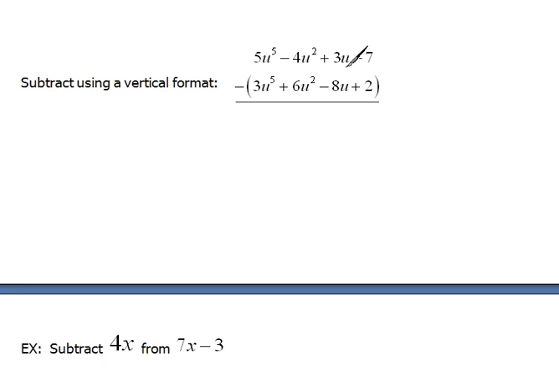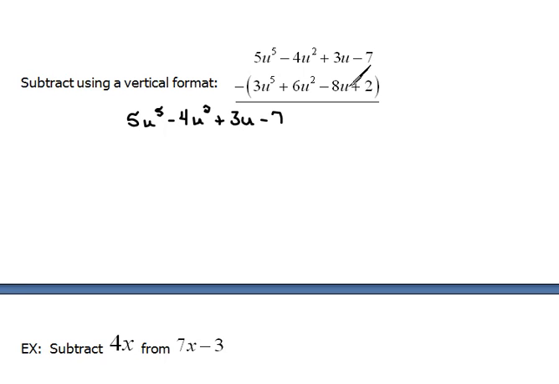Now finally, they're going to show you the vertical format again. And here's where I really don't like the vertical format. With addition, it's not a problem, but with subtraction, you have to distribute out that negative. So we're going to rewrite this entire problem. I'm going to rewrite the top polynomial, 5u to the 5th minus 4u squared plus 3u minus 7.